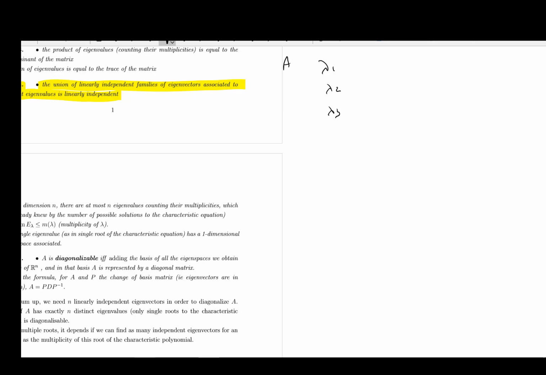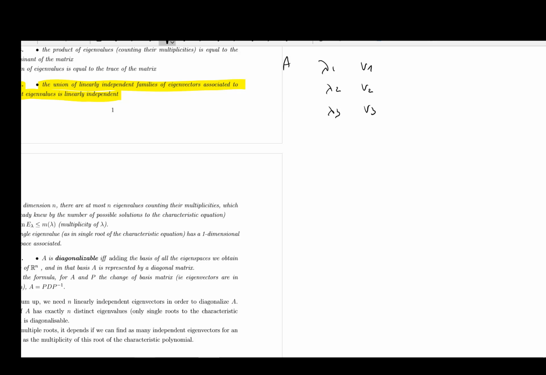Otherwise, I would never be able to have three distinct eigenvalues with a 2x2 matrix. Anyway, let's assume that they're all different from each other, and let's denote v1, v2, v3 three eigenvectors associated to these eigenvalues.